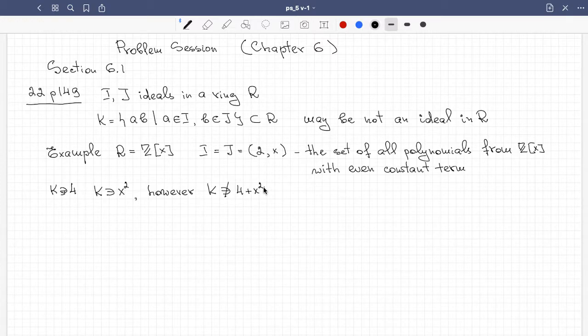This polynomial 4 plus x squared, of course, is an element of the ring Z of x. This polynomial cannot be presented as a product of two polynomials with even constant terms.